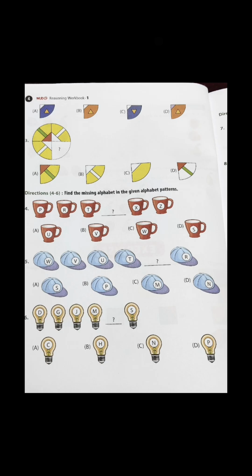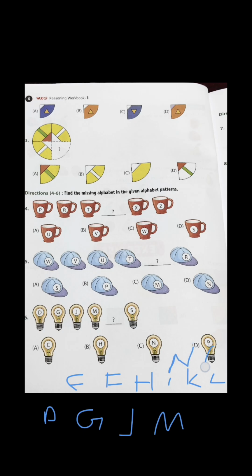So here's D, and after that D E F, then is our G, then H I J, then K L M, then N O P. After adding this, we can find that P is the answer of question number 6.